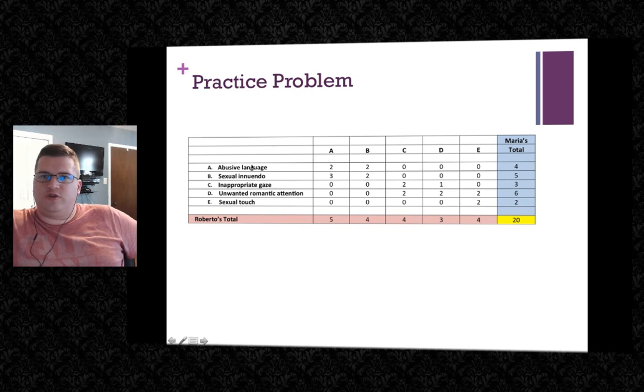And let's just assume for a second that we have meticulously defined each of these categories, and everything seems pretty solid. If we go in and say these A, B, C, D, and E are Roberto's, and these are Maria's, and we see that Maria and Roberto both end up with the exact same number, in this case 20.